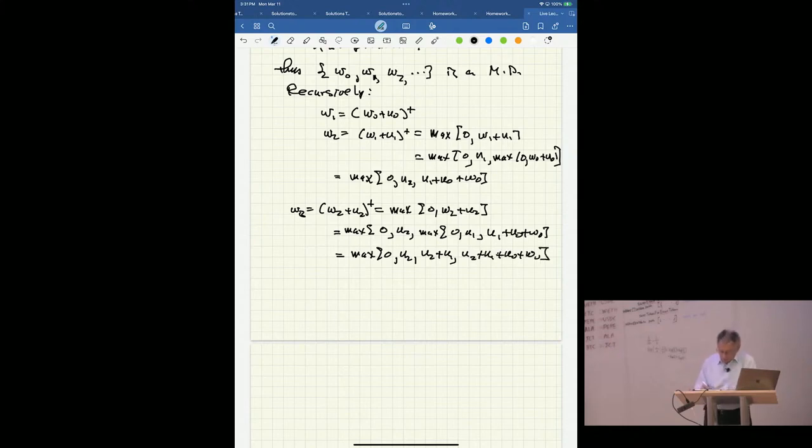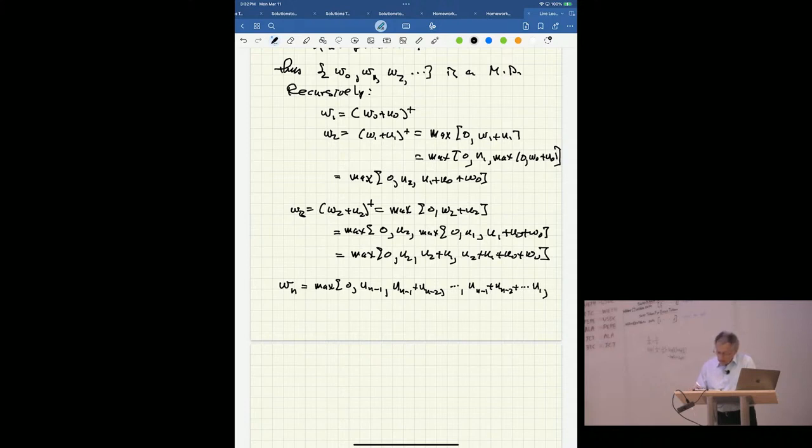So in general, we'll get that W n itself, after you go through this, is equal to the max of 0, comma, U n minus 1, U n minus 1 plus U n minus 2, comma, dot, dot, dot, out through, and let's get to the last two terms, U n minus 1 plus U n minus 2 plus dot, dot, dot, plus U1.